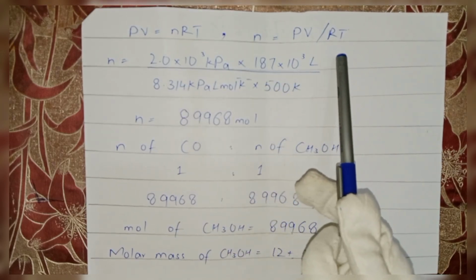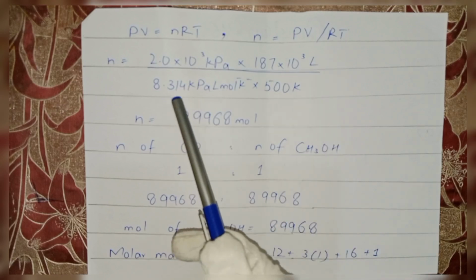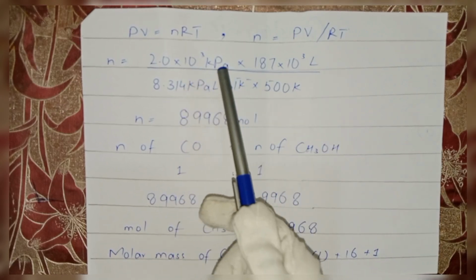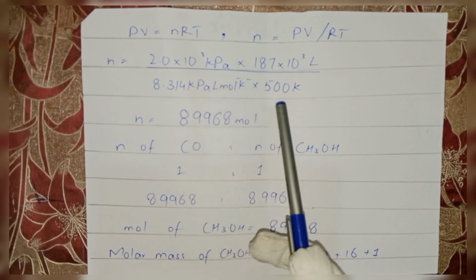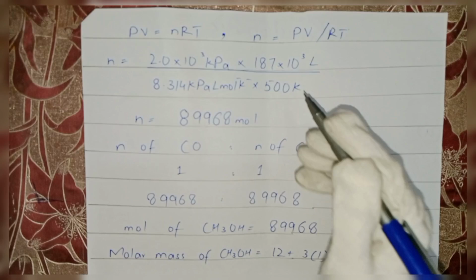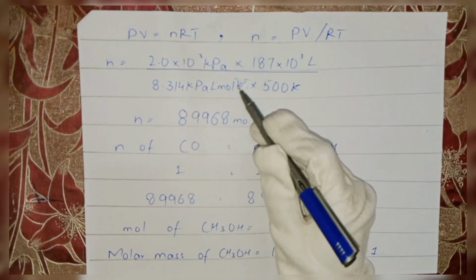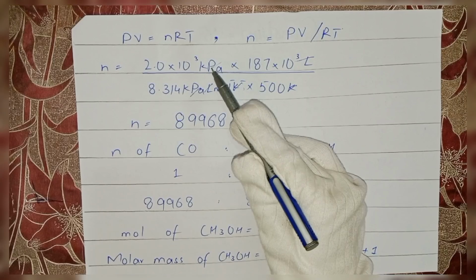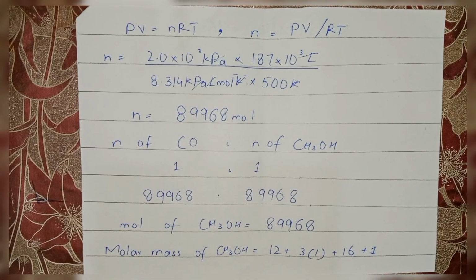The universal gas constant that we use is 8.314 kilopascal liter per mole per Kelvin because the pressure is in kilopascal. The temperature is 500 Kelvin. We know that per Kelvin cancels with per Kelvin, liter with liter, and kilopascal with kilopascal. We are left with one unit, which is per mole, so it is the unit of the moles. Now we solve these equations.